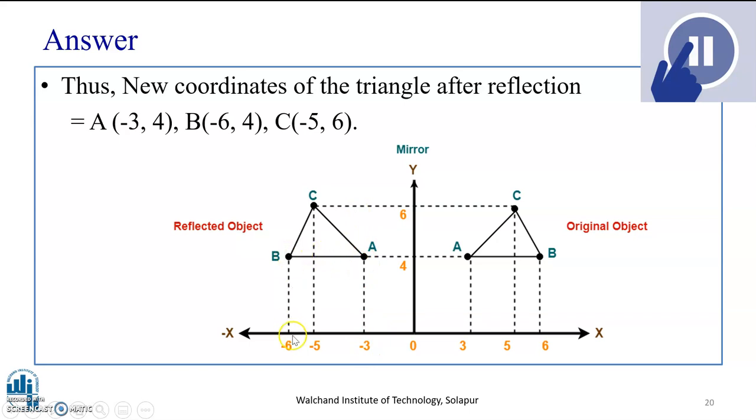For B, we get (-6, 4), and for C, we get (-5, 6). So here we can observe that when we obtain the original object and the reflected object along the y-axis, the x coordinates have become negative. That was what was represented in the equation.